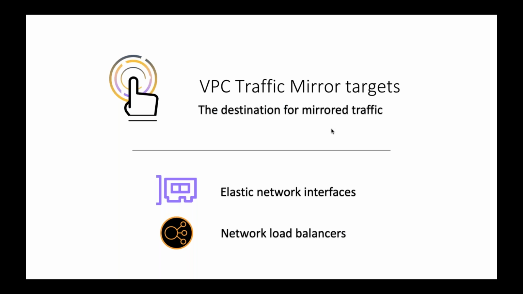If you have a large amount of traffic, or if you don't know how much traffic you will be mirroring, it's better to point your mirror traffic to a network load balancer so that your appliances can scale up and down without you having to worry about overloading a particular target and sending more traffic than it's capable of.